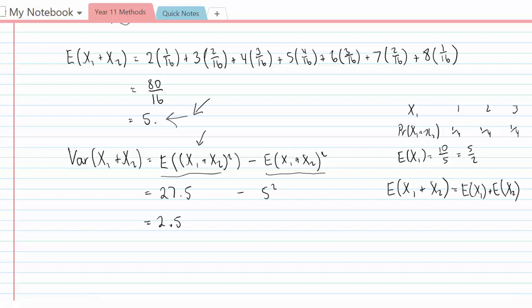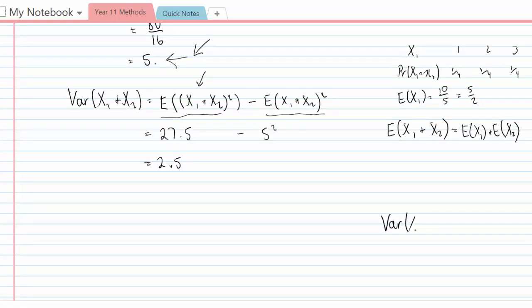The variance, on the other hand, now you're going to just have to take my word that the variance of x1, which is equal to the variance of x2, is going to be 1.25. Okay, you can very easily confirm that for yourself. However, we can see then that this number here is just going to be the variance of x1 plus the variance of x2.